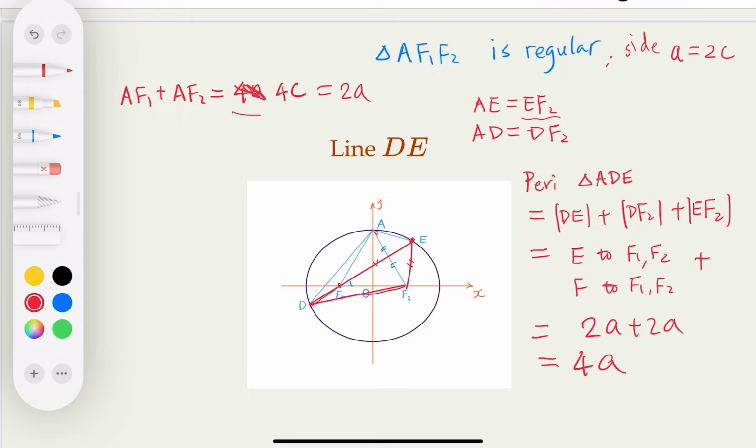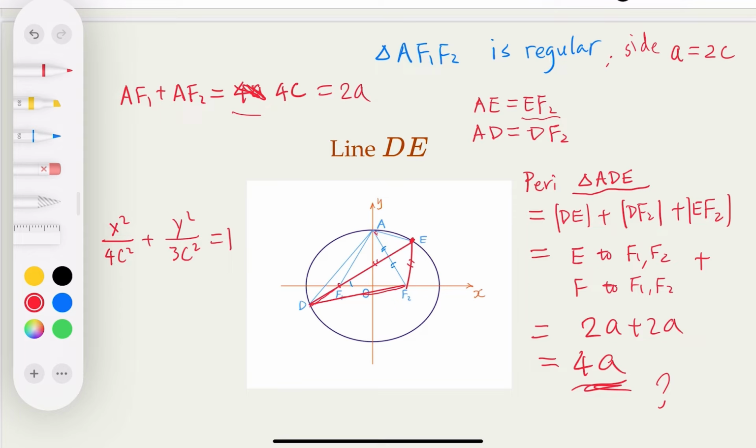All right, so we're trying to find the perimeter here, right? But what is a? We don't know, we need to find it out. The equation for the ellipse, we know that the ellipse is x squared over 4c squared plus y squared over 3c squared equals 1, right?